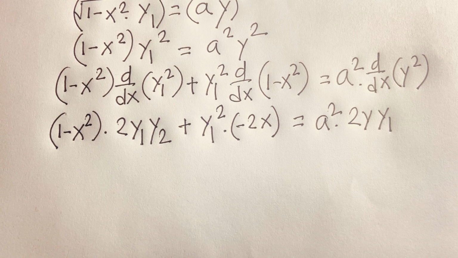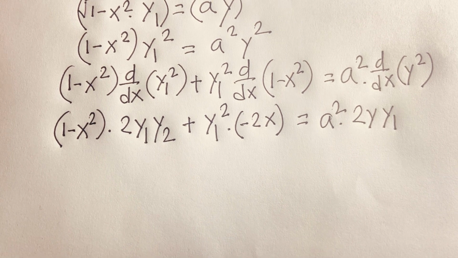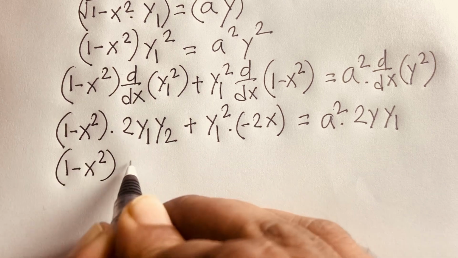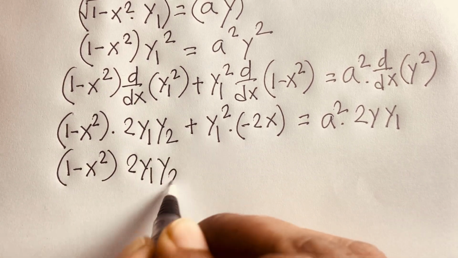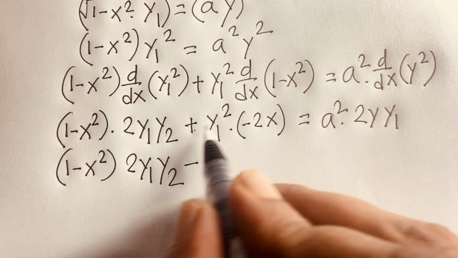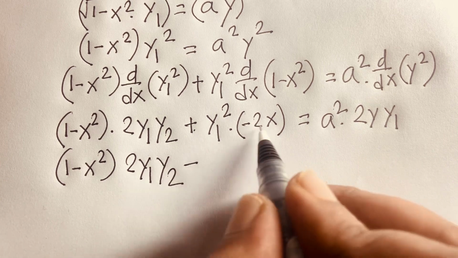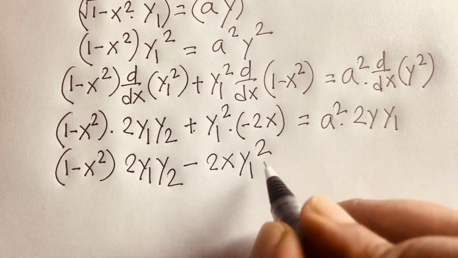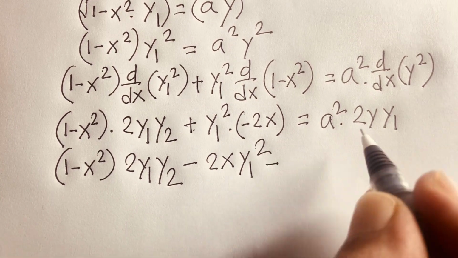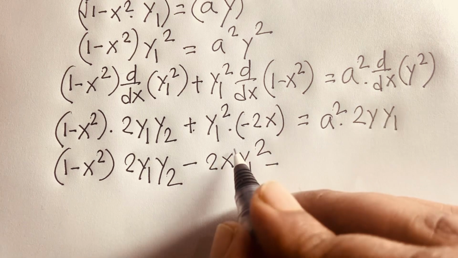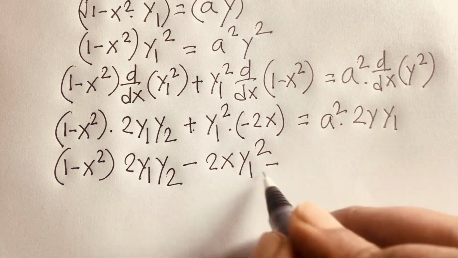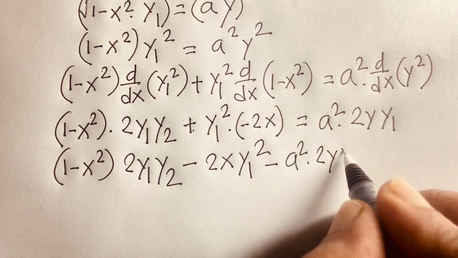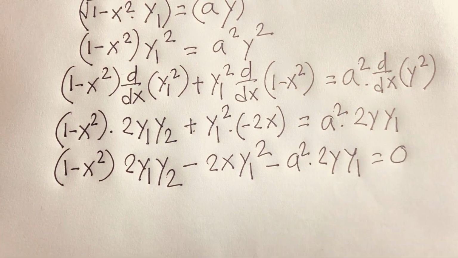Then in this case, I can see here is (1 minus x squared) times 2 y1 y2 minus 2x y1 squared. I move this term to the left side, where it was positive, now it is negative, so it will be a squared 2y y1 is equal to 0.